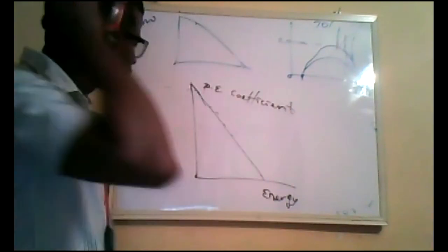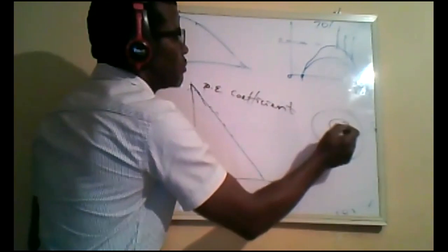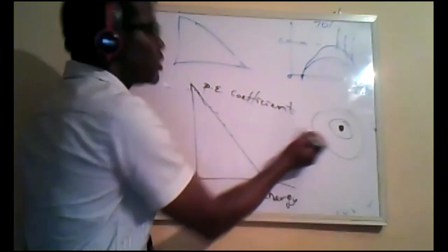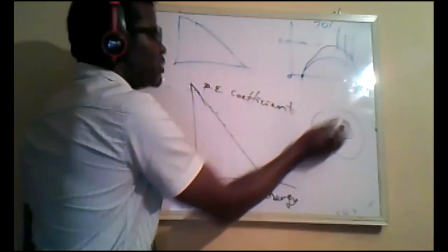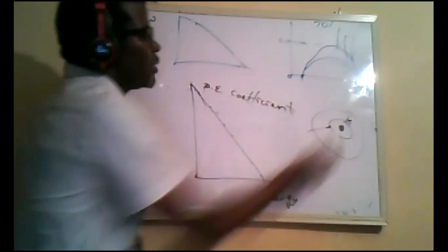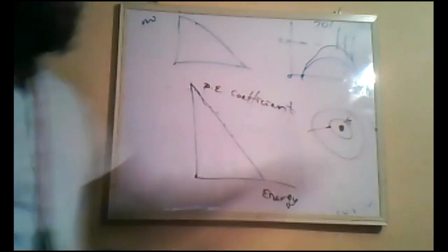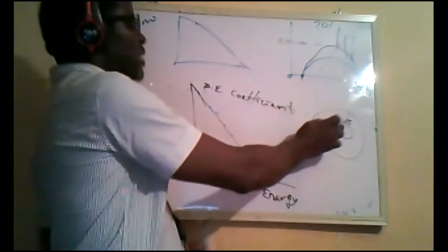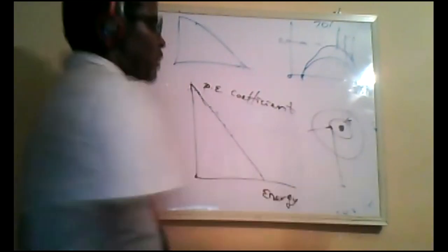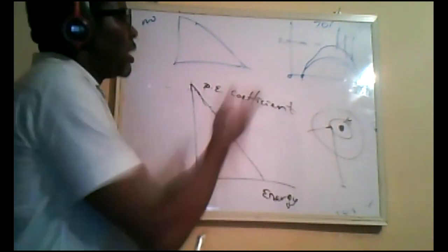But as the energy increases, it will get to a point where it gets close to the binding energy of this K shell. Immediately it reaches the binding energy of the K shell, the energy is now able to dislodge this electron.